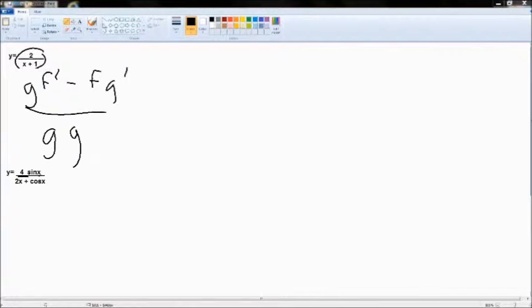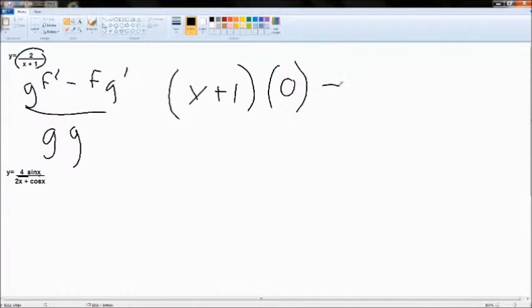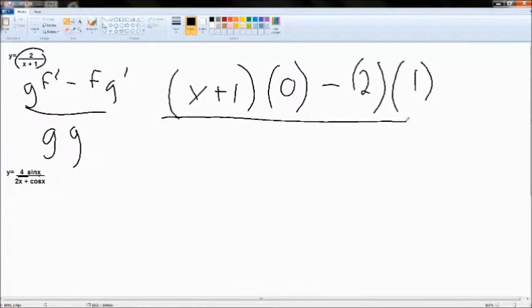Low d high minus high d low, over low low. And starting off we have x plus 1 times the derivative of 2, which is just 0 as of any constant, minus 2 times the derivative of x plus 1, which is just 1, over x plus 1 squared.